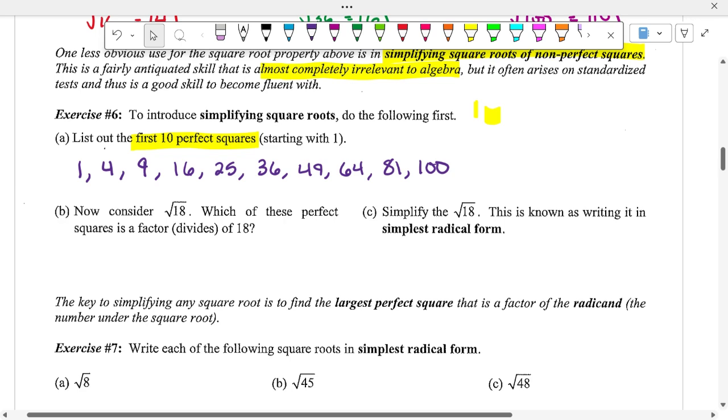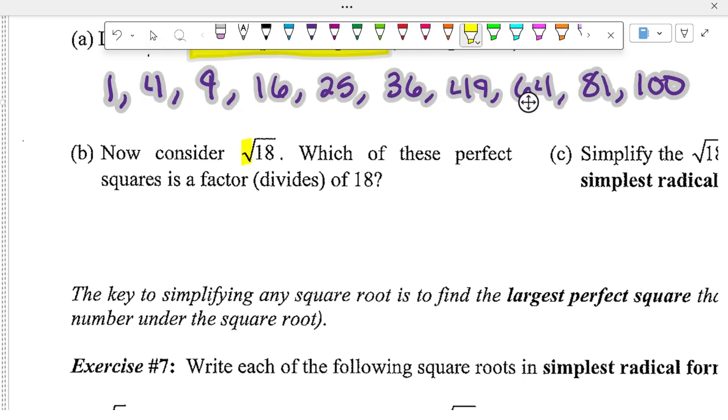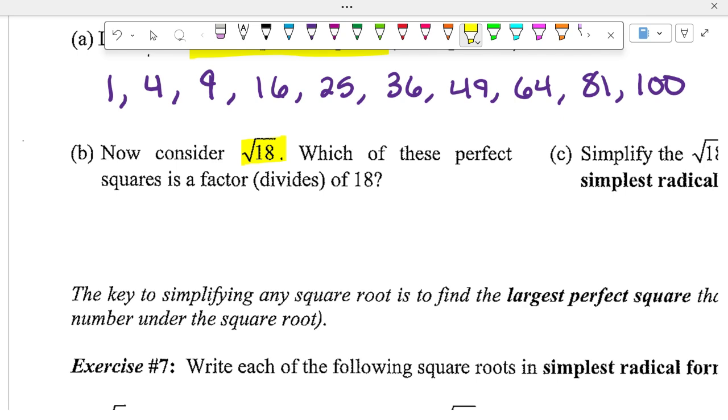Now, let's look at letter B. We're going to consider the square root of 18. Is 18 a perfect square? No. So if we put this in our calculator, we're going to get an irrational number, meaning a really funky decimal. But could we divide 18 by something?